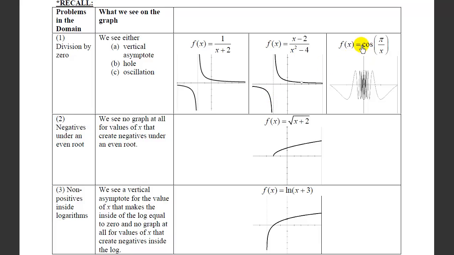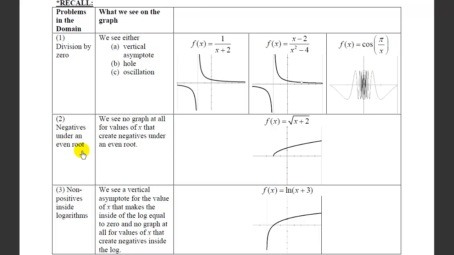This third type, which is trig, this is where you'll see those oscillations, is if you're trying to divide by 0 inside a trig function. When that happens, you start to oscillate very quickly, frenetically. It just starts going crazy and crazy the closer you get to x. If you were to zoom in graphically on your calculator on this function's graph, you would see it just wigging out when you get closer and closer to that 0. So that's an example of an oscillation manifestation of a division by 0.